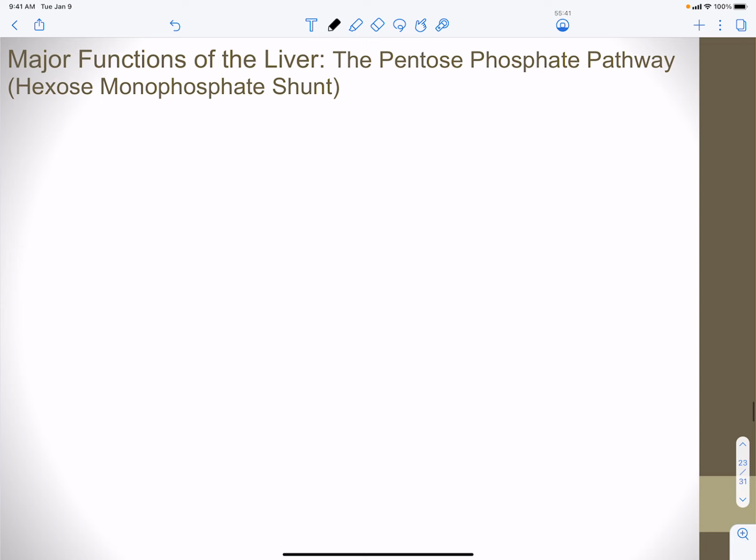Now, another major function is in the generation of NADPH, plus your 5-carbon sugars. And again, we've talked about how all cells, including the red blood cell, have this pathway, which is referred to as the hexose monophosphate shunt.